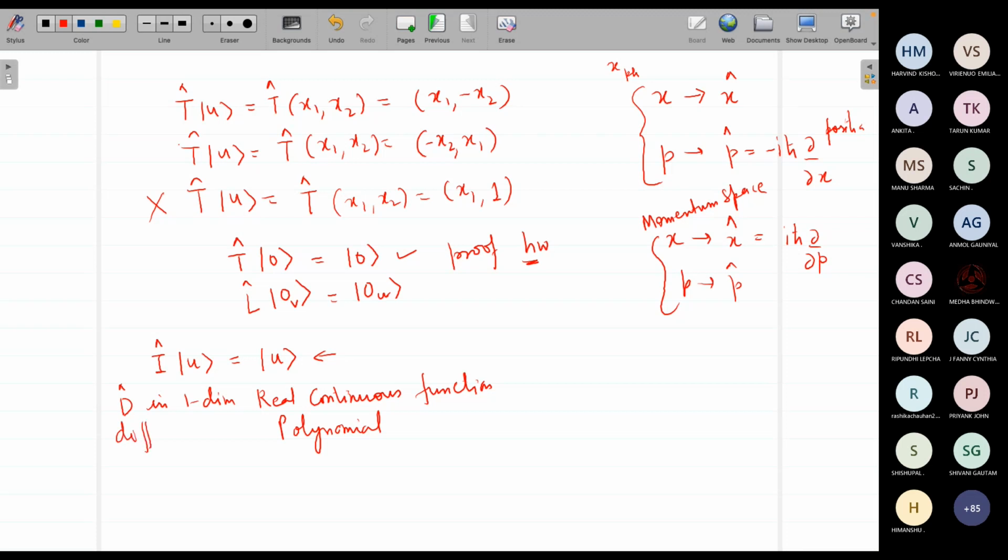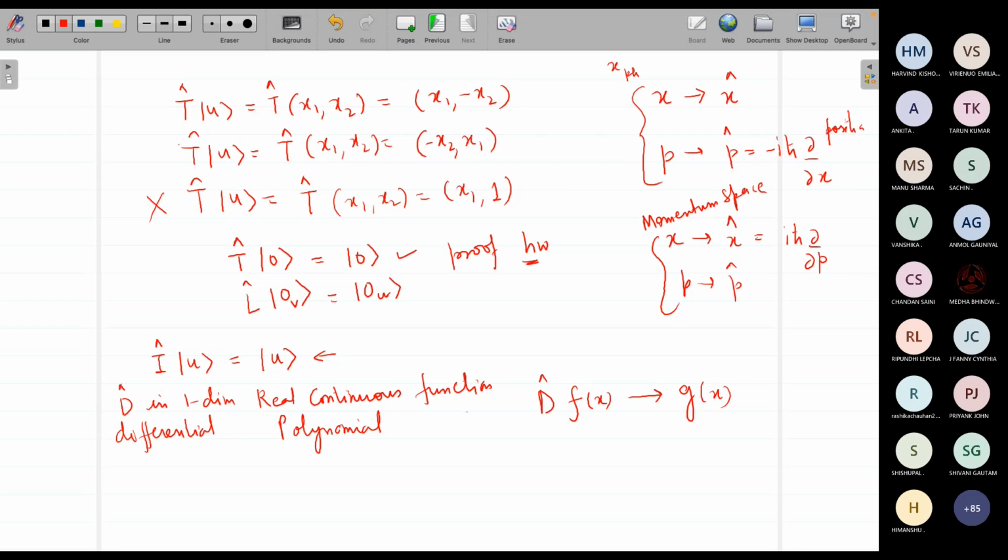Now, what will the differential operator do? D acts on a vector, which is now a polynomial or a real function, and it will still keep me in the same functional space, either polynomial or continuous function space.